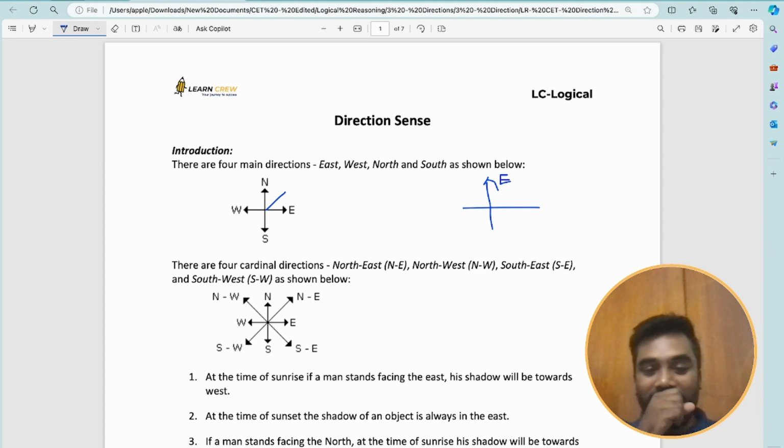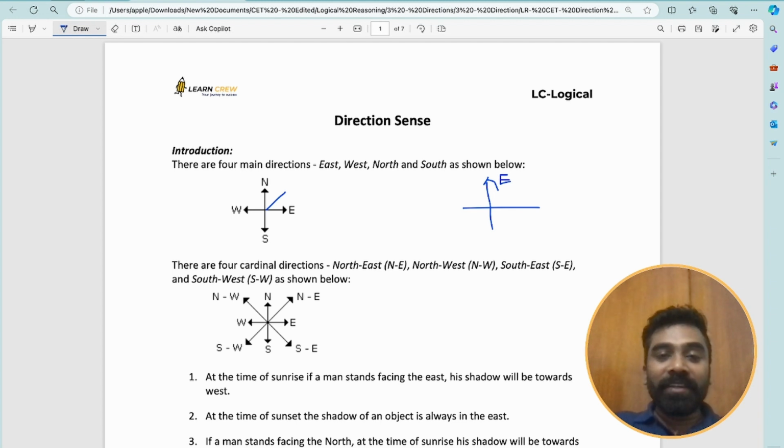Fine, great. So the first four are called the main directions, and the next four are called the cardinal directions. Now you were telling something about sunrise and sunset. What is that all about? Imagine these are the four directions we have, and there is a sunrise.